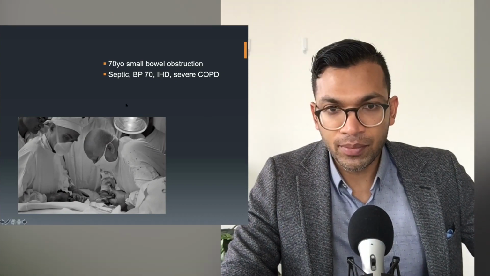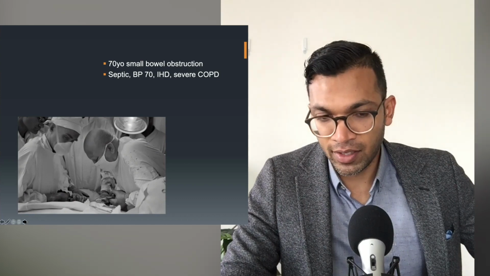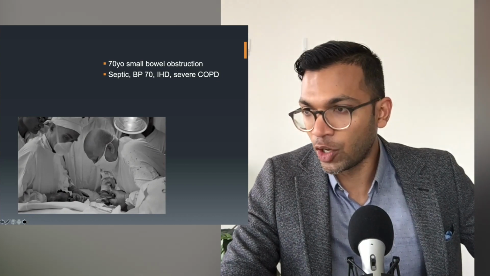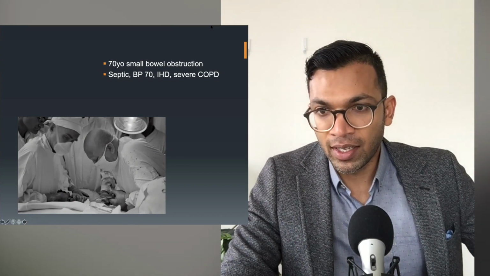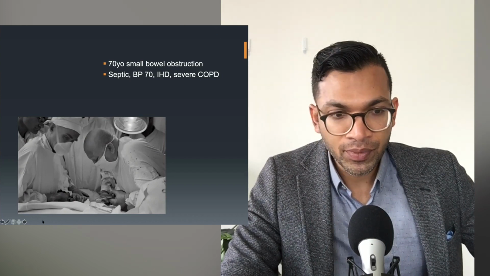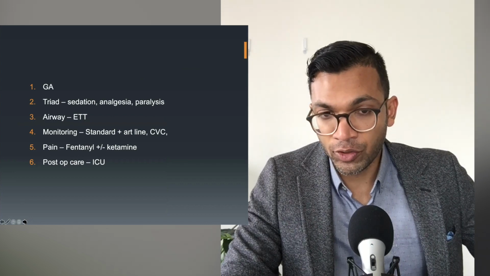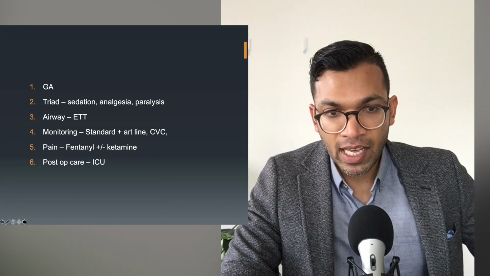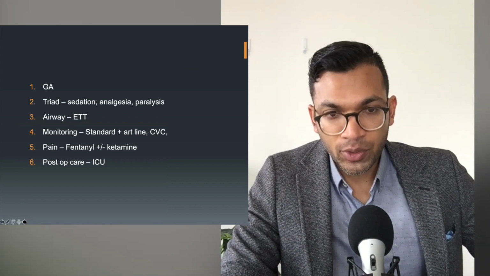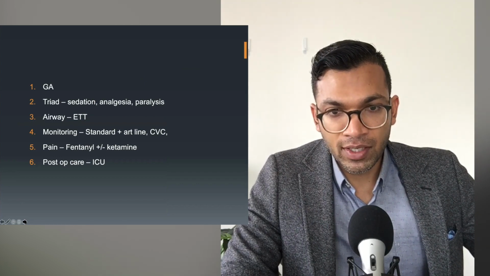Good, let's get started. So these cases here, just in the interest of time, I'll run through the plan. Hopefully you guys have come up with a plan as well, and are getting used to talking through those. So for this, a GA, triad of anesthesia, I'll need all of them: sedation, analgesia, and paralysis. Airway is an endotracheal tube. I'd want standard monitoring and an art line, and maybe even a CVC.